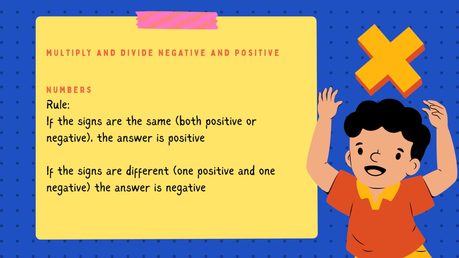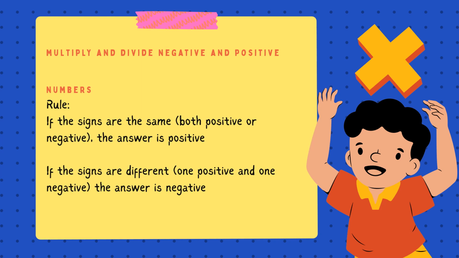And negative 2 times a positive 4, that answer is going to be a negative 8, two different signs. Same with division. 6 divided by negative 2, you're going to get a negative 3. A negative 6 divided by a negative 2, you're going to get a positive 3. The languages are the same.